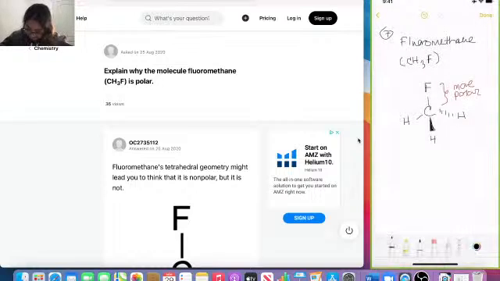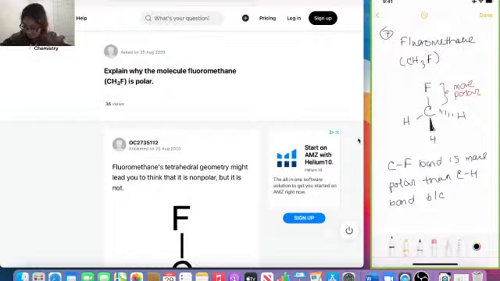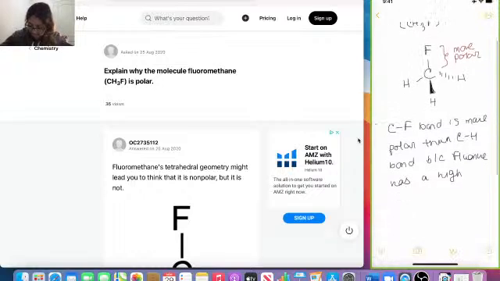Okay, so it's more polar, and so what that means is the CF bond is basically more polar than your CH bond, and this is because fluorine has a high electronegativity.